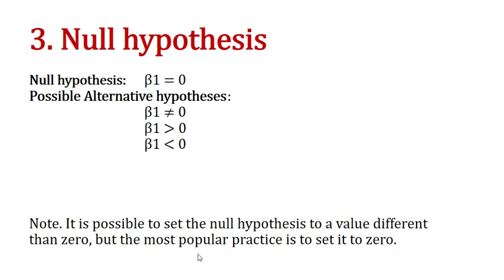Now the third step is new in comparison to the previous approaches, and it involves developing a null hypothesis. Typically the null hypothesis is that the value of the parameter in the population is 0. So the null hypothesis would be that beta 1 equals 0 in the population.